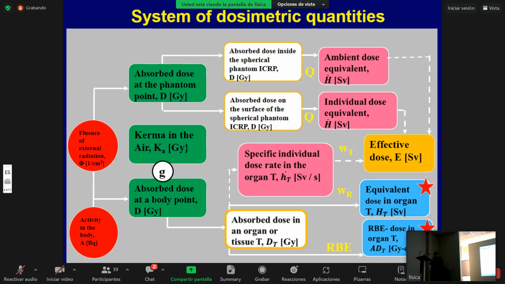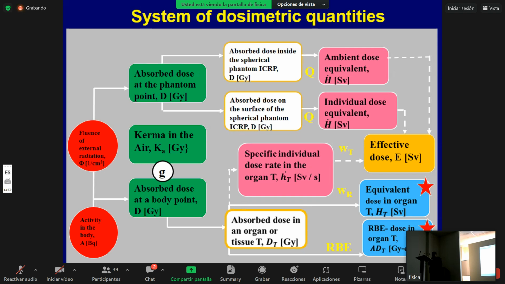In general, the relationship between the quantities used in radiation protection and safety is represented on this slide. Red ovals indicate the internal radiometric quantities, the fluence of external radiation and activity in the human body. Green color indicates basic dosimetric quantities, absorbed dose at a point and determined in an area.